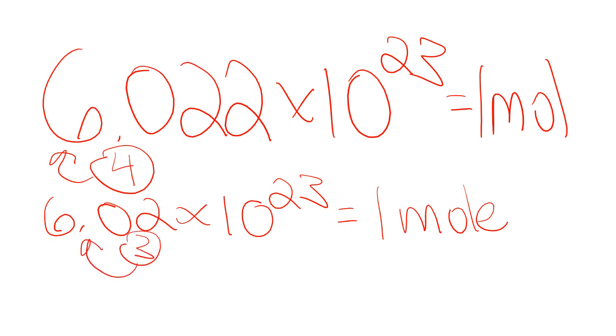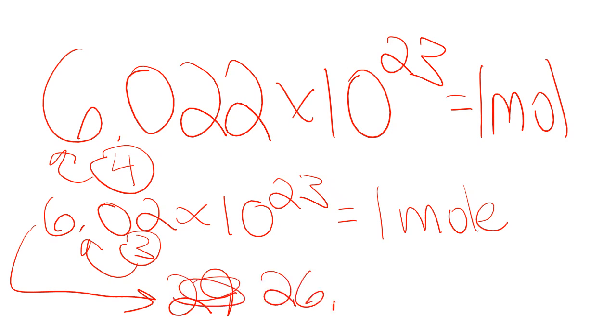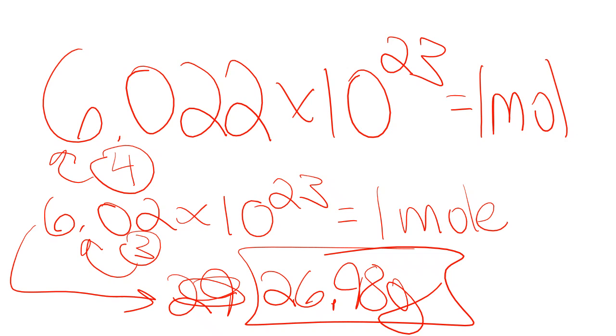And really what this means is this many atoms. If you look at the bottom of the periodic table, let's say aluminum is 26.98 grams, and 26.98 grams of aluminum, you have that many atoms, and it's a lot of atoms. It's a huge number, but not just because they're real small.